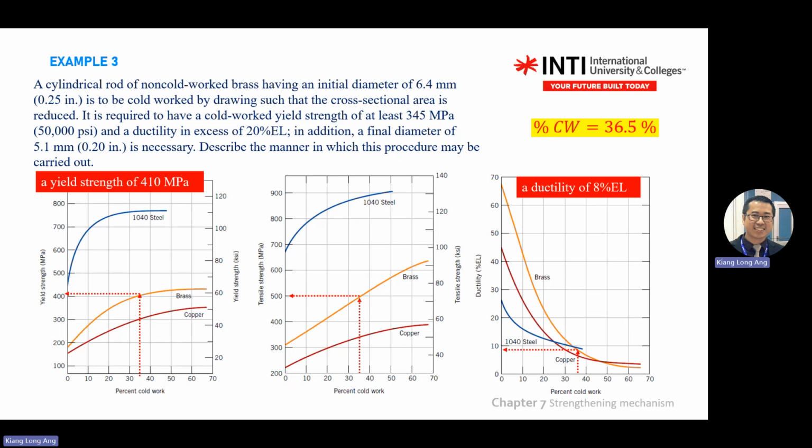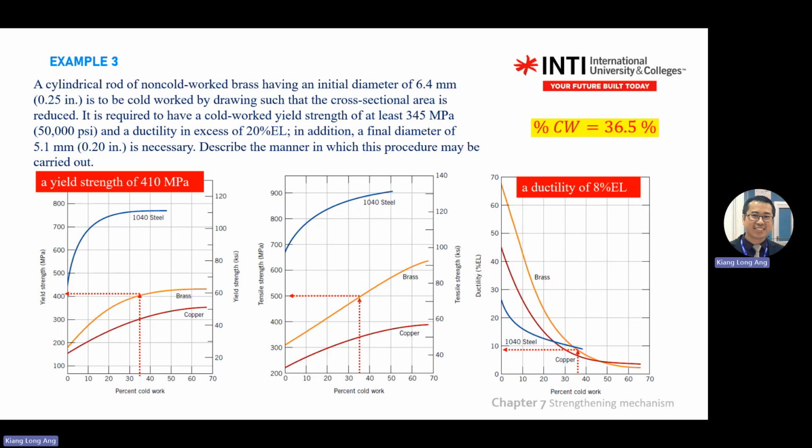The initial value the customer proposed, you calculate 36.5%. Okay, the 35% that you see on the slide here passed the yield strength. This one you don't know. So you know that minimum you need 25%. Can you do something on the graph? What is the yield strength when you only do 25%?